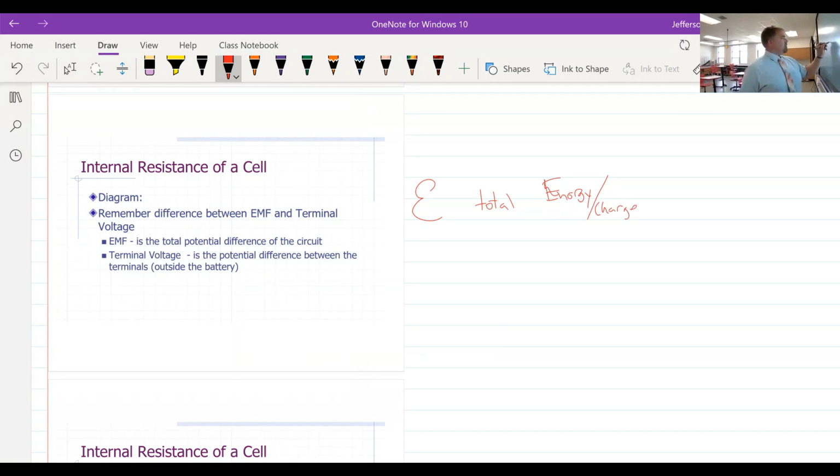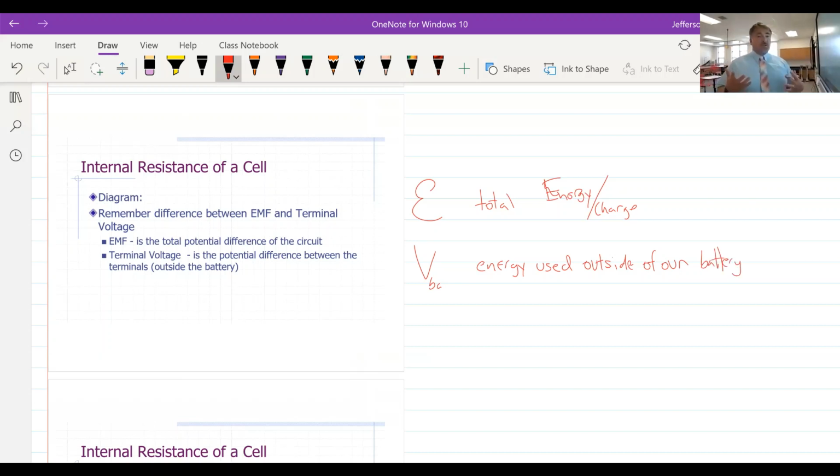And terminal voltage, which we'll write V_BA or V_AB, just know that it's V, is going to be the energy used outside of our battery or other voltage source.